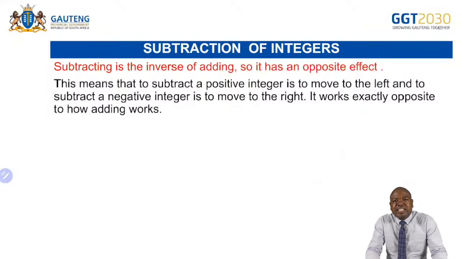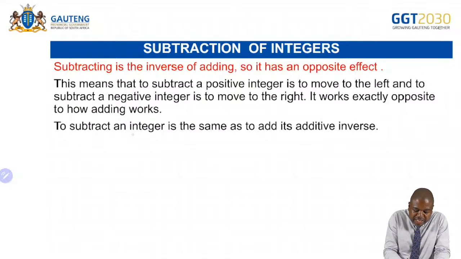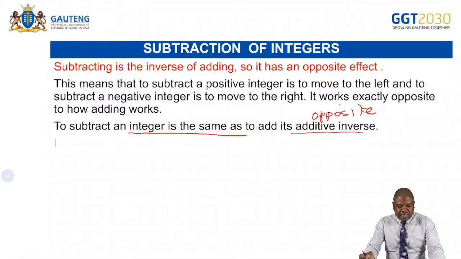And to subtract a negative integer is to move to the right. It works exactly opposite to how adding works. So to subtract an integer is the same as to add its additive inverse, right? Or it is the same as adding its opposite, right?